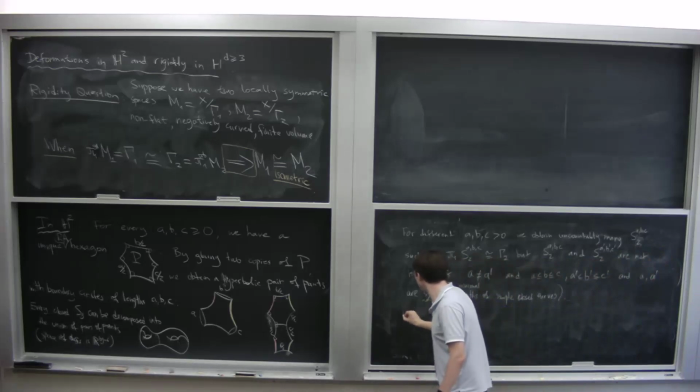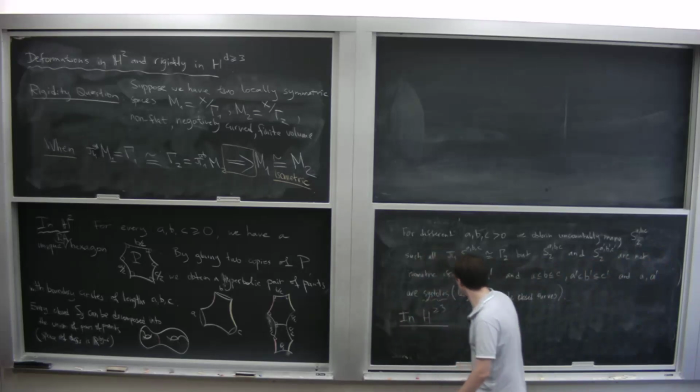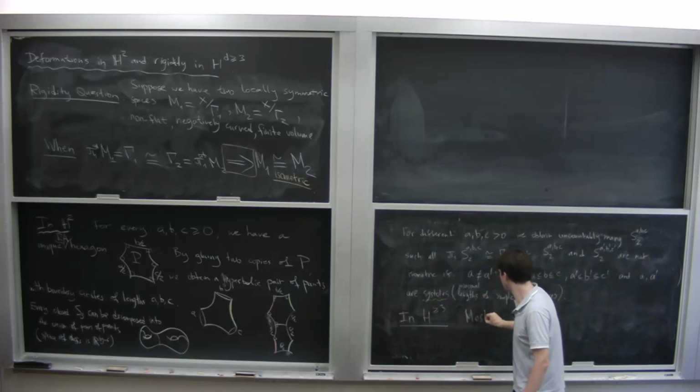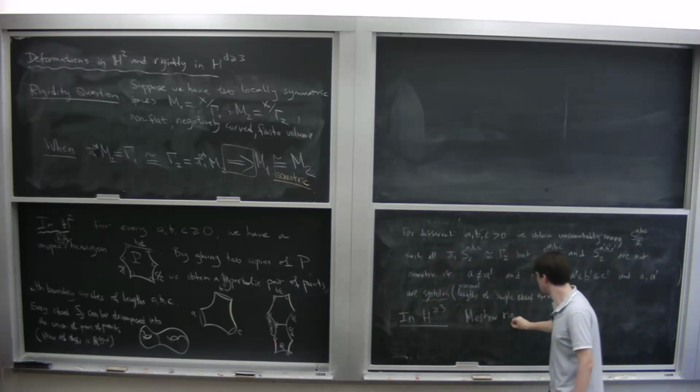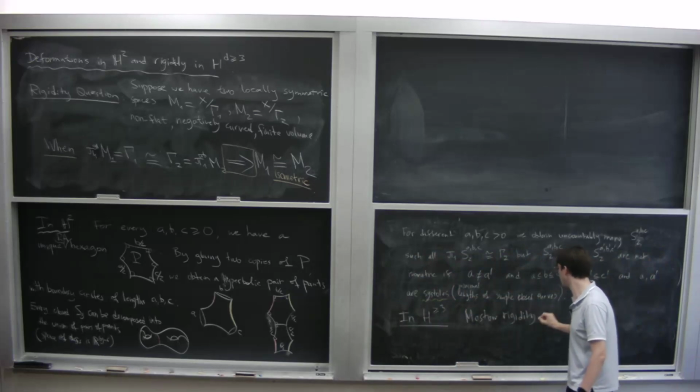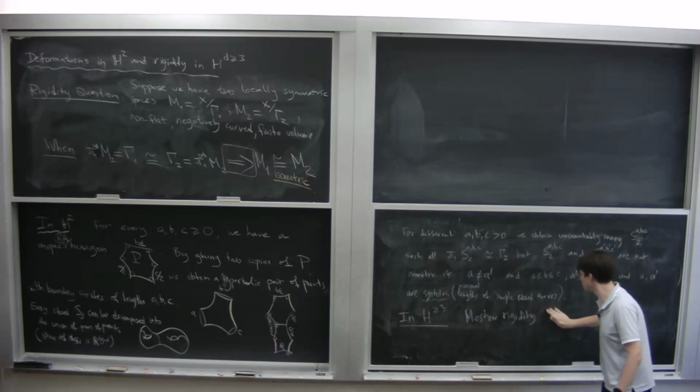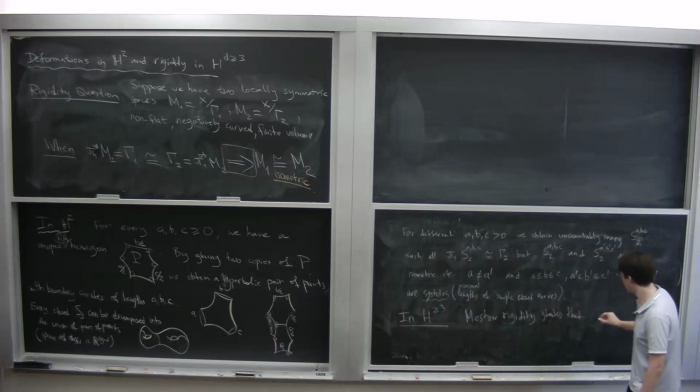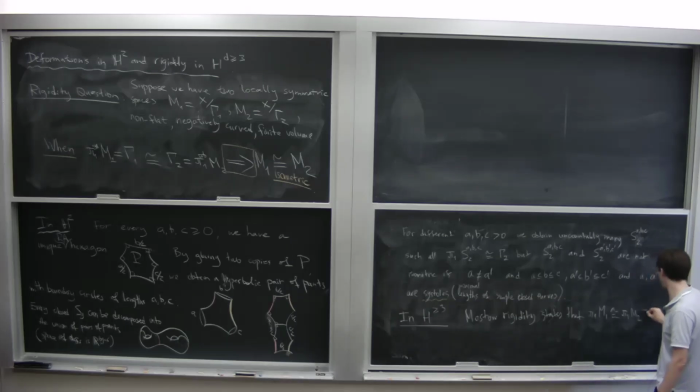But in H^n with n greater than or equal to 3, Mostow rigidity theorem states that if pi1 of M1 is isomorphic to pi1 of M2, then M1 is isometric to M2.